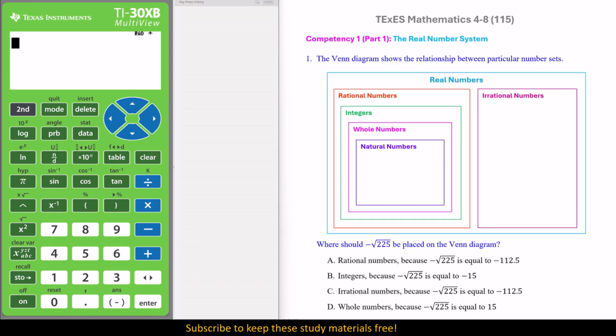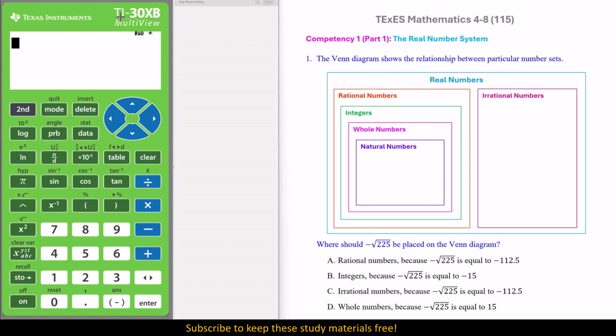Okay, let's look at number 1. The Venn diagram shows the relationship between the particular number sets. Okay, here is the basic diagram of how we look at the real numbers. The natural numbers is a subset of the whole numbers, and then the whole numbers are a subset of integers, and then the integers are a subset of the rational numbers, okay?